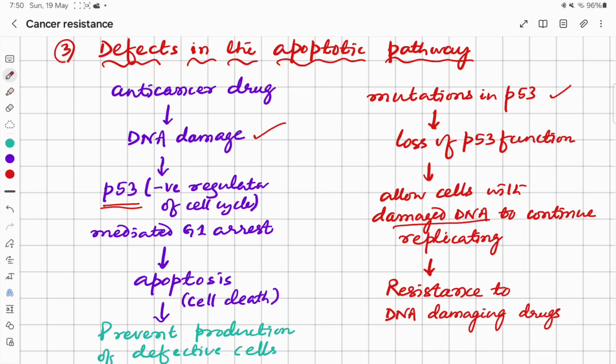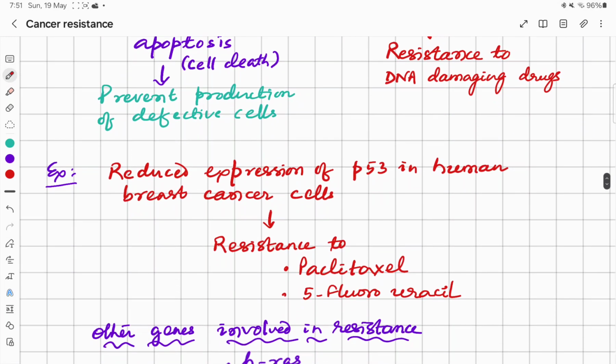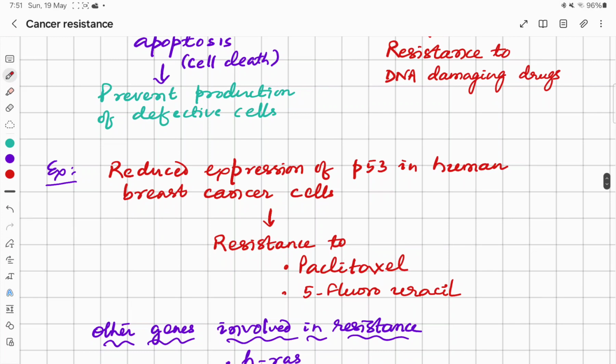So that causes resistance to drugs which act by damaging the DNA and therefore inducing apoptosis. So for example, reduced expression of p53 in human breast cancer cells causes resistance to paclitaxel, 5-fluorouracil.